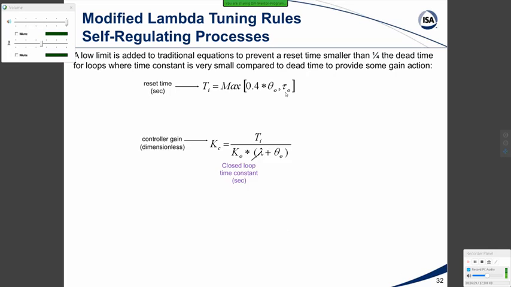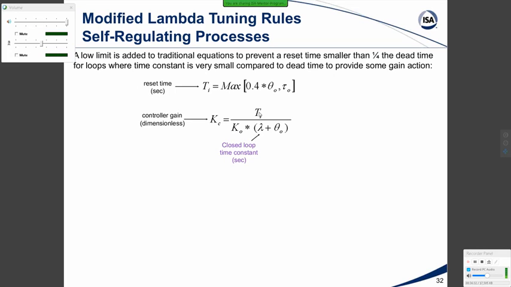When you plug that into the equation down here, this very small reset time ends up being a very small controller gain. You end up with kind of integral-only control, and some people have complained about that.